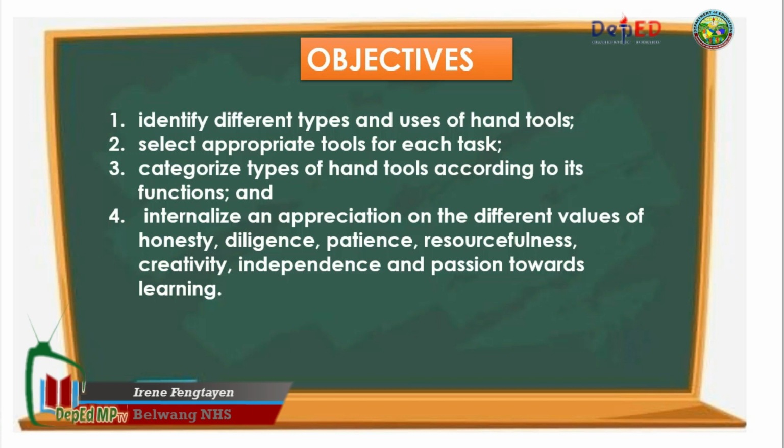Third, categorize types of hand tools according to its functions. And fourth, internalize an appreciation on the different values of honesty, diligence, patience, resourcefulness, creativity, independence, and passion towards learning.